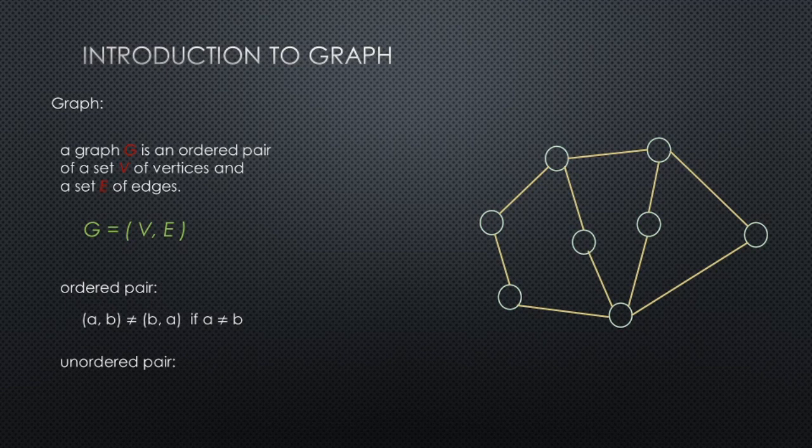An unordered pair is simply a set of two elements. Order is not important here. We write an unordered pair using curly braces. Since the order is not important here, pair {A, B} is equal to {B, A}. It doesn't matter which object comes first and which object is second.